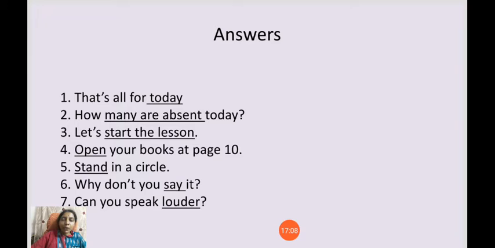Open your books at page 10. Stand in a circle. Why don't you say it? Can you speak louder? Copy down.